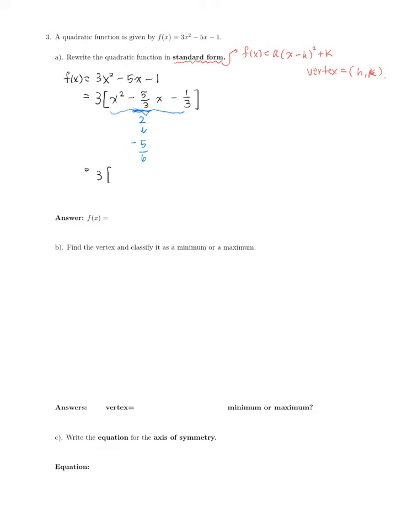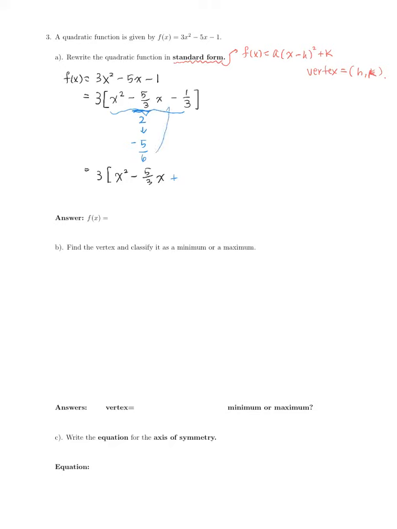So this is 3 times x squared minus 5 over 3 x. Now, if I divide this 5 over 3 by 2, you're gonna have negative 5 over 6. So what's gonna go into the next one is plus 5 over 6 squared.